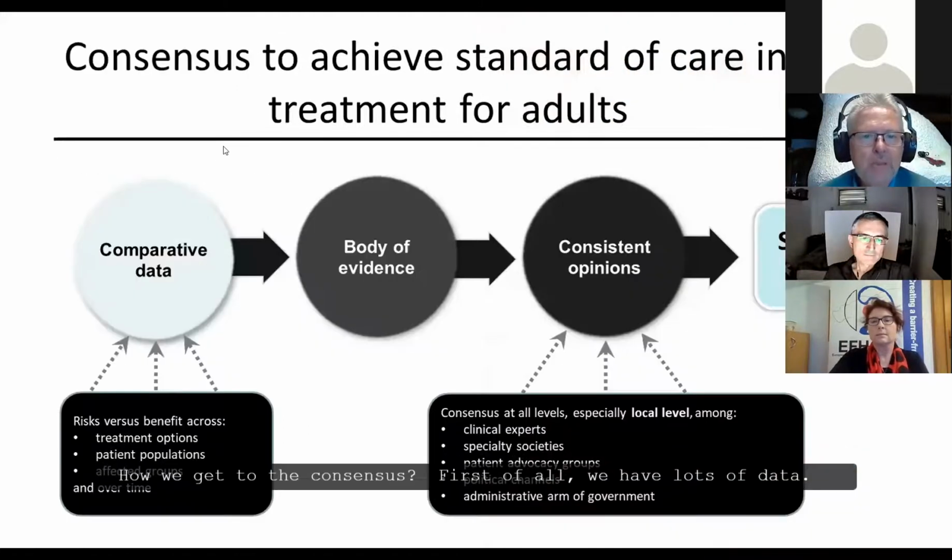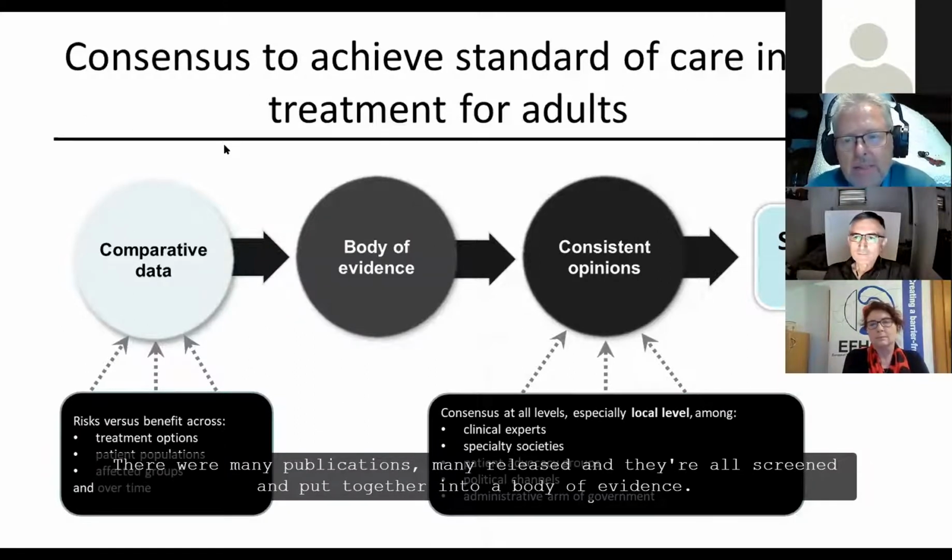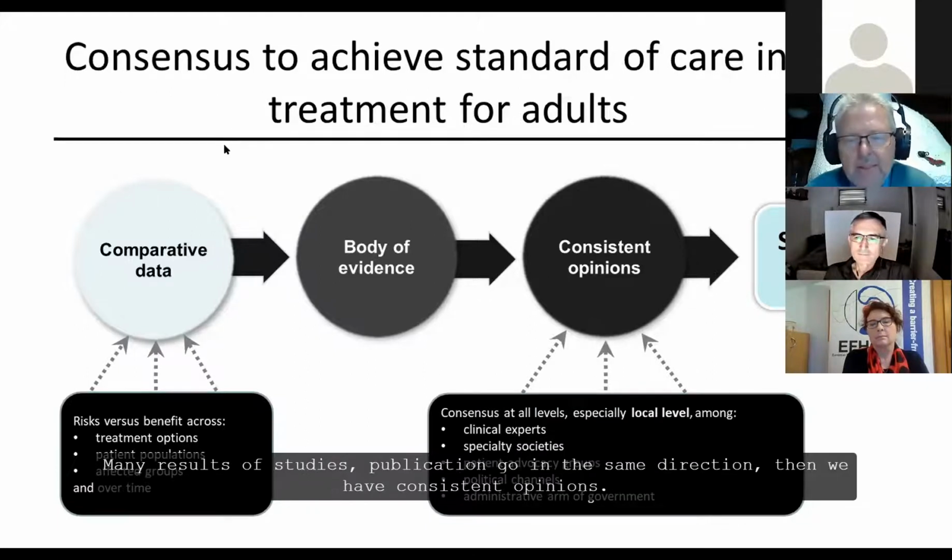So how do we get to the consensus? First of all, we have lots of data. There are many publications, many releases, and they are all screened and put together into a body of evidence. When many results of studies or publications go in the same direction, then we have a consistent opinion.